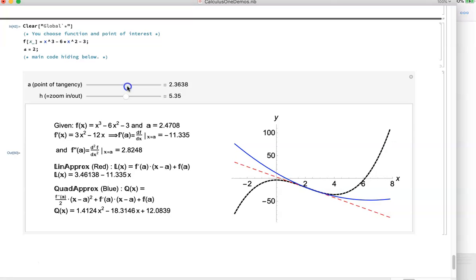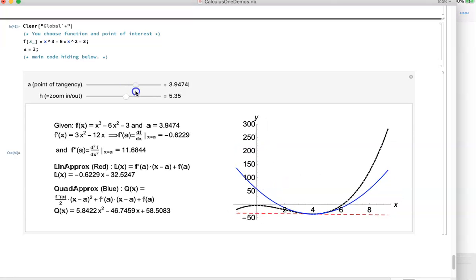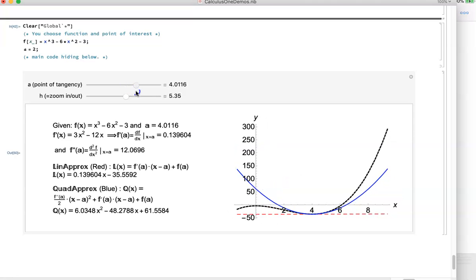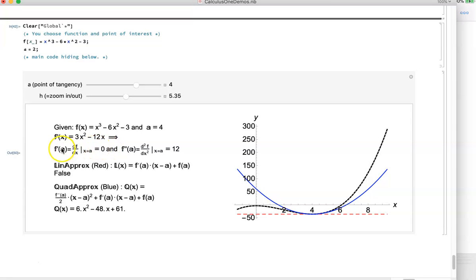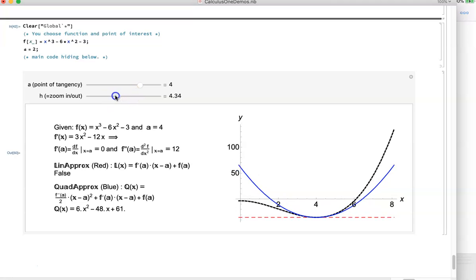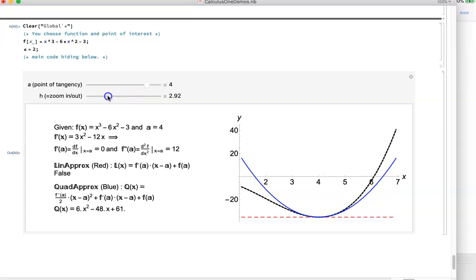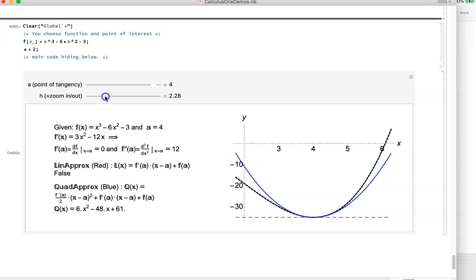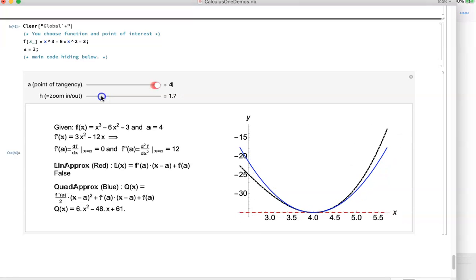Okay, so let's zoom back out on this function, and we can see over there around 4, if we keep moving over, we're seeing another place where the derivative is equal to 0, and I think it's at 4. Sure enough, when I put in 4, the derivative becomes 0. If we were to zoom in on this function, we would see the black dotted line disappear, and it would look more and more like that blue parabola.